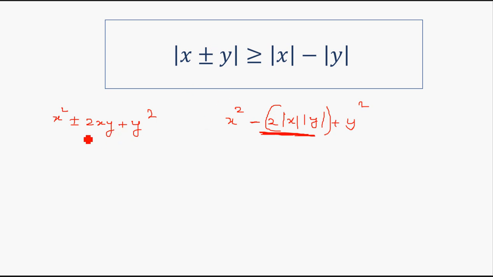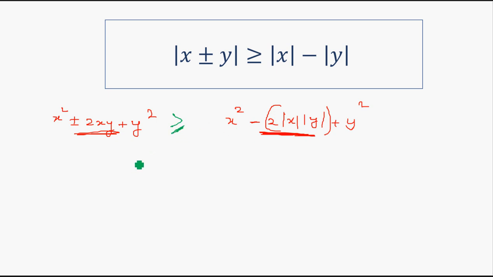Whereas this number, you can see, it may be negative. In case it is negative, this LHS will be equal to RHS. In case plus or minus 2xy is negative, this whole term will be equal to this term. And in case it is positive, this term is greater than this term. So simply we can put that the LHS term is greater than the RHS term, but at one condition they are equal as well.